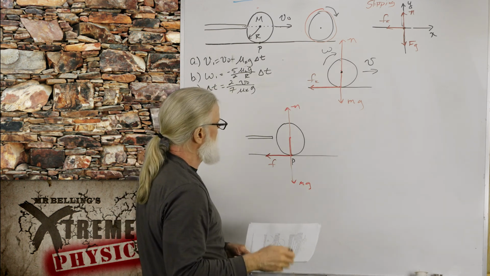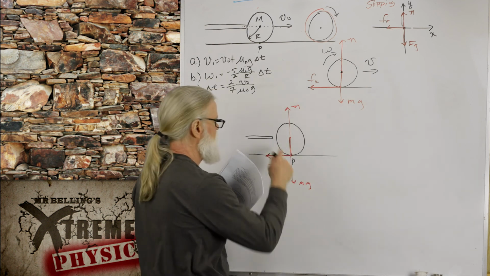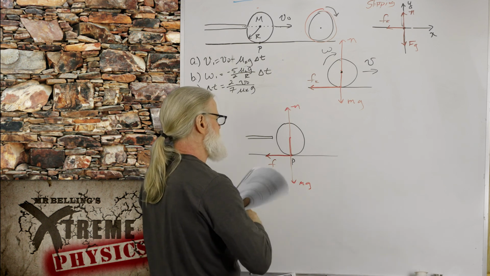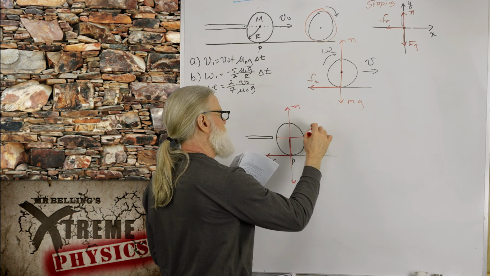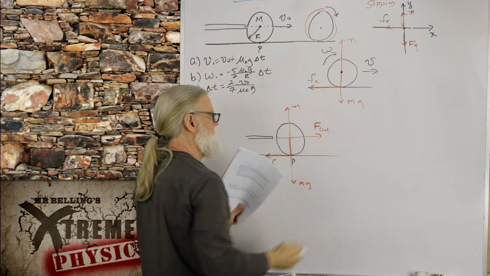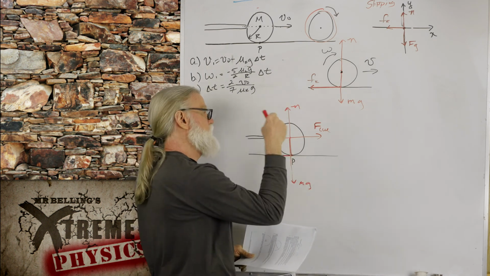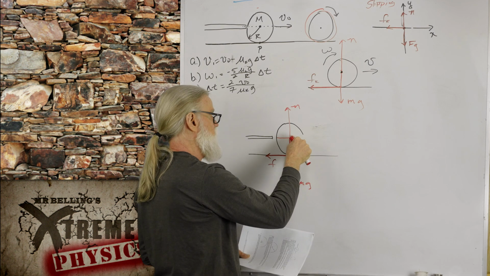So there is an angular momentum when this hits, because when the Q stick hits, it applies a force like that just during the hit, right? That's a force of the Q. It is applying a torque about point P. But as soon as this goes away, about point P there are no other torques.